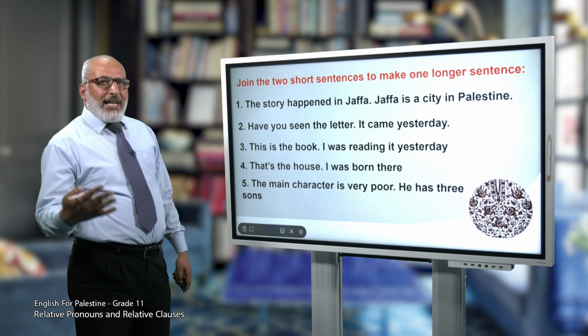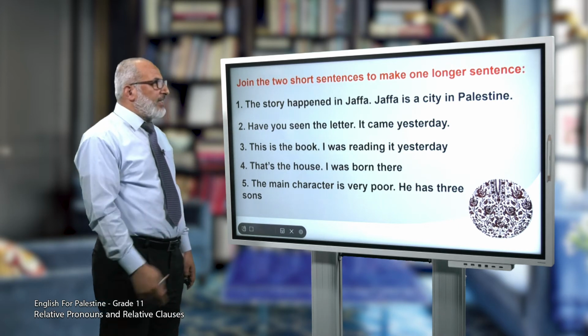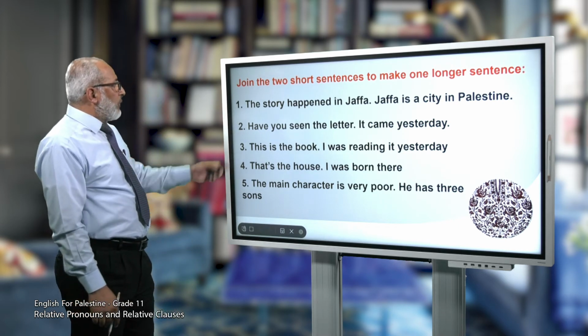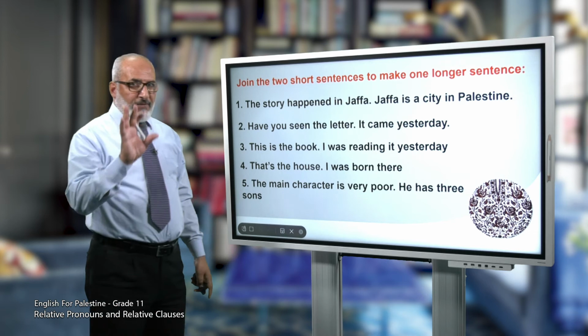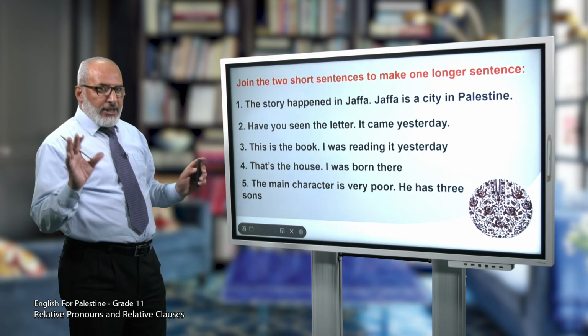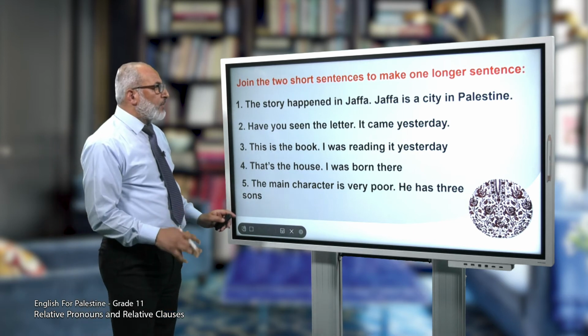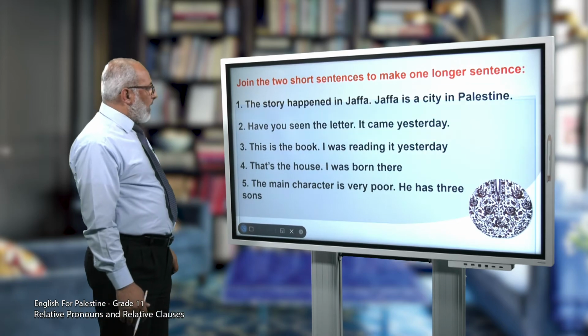Okay, now let's practice more about defining relative clauses and non-defining relative clauses. Join the two short sentences to make one longer sentence using defining relative clause or non-defining relative clause. Let's do this activity together. Okay. Look at number one.